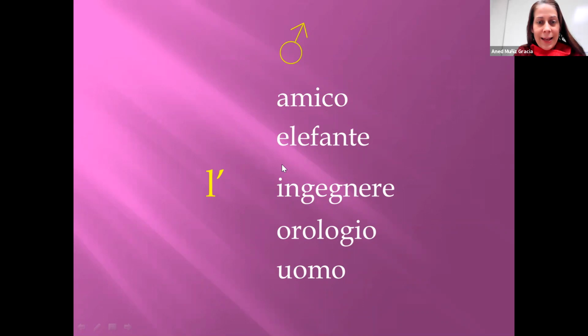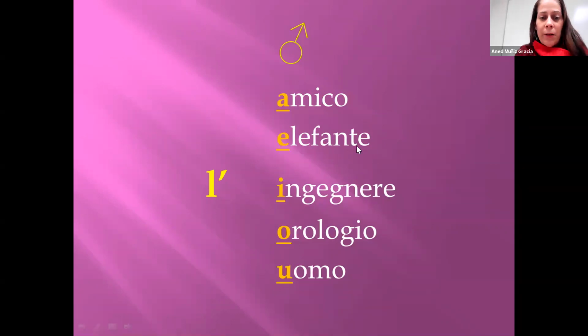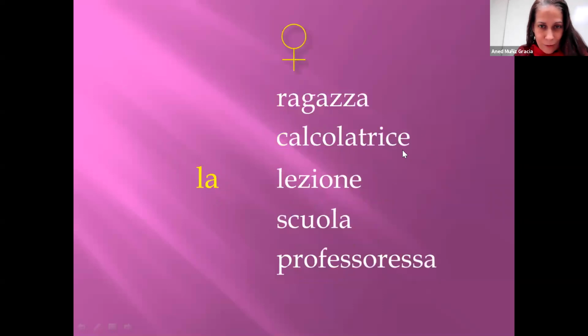So vocali a, e, i, o, u. And most of them still end in o and some with e. And when I say o or e, I mean the Italian o or e, which is that one over there. See here, they all begin with a vowel. So l apostrophe.